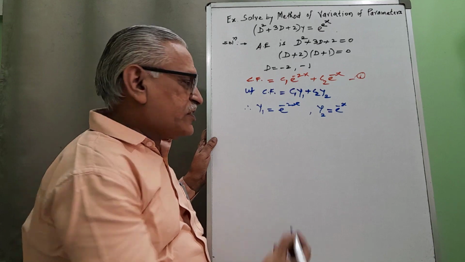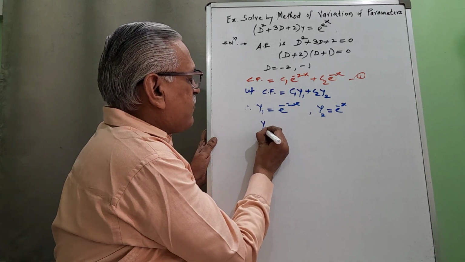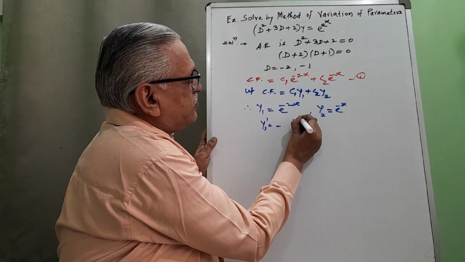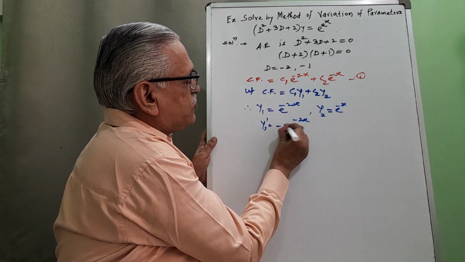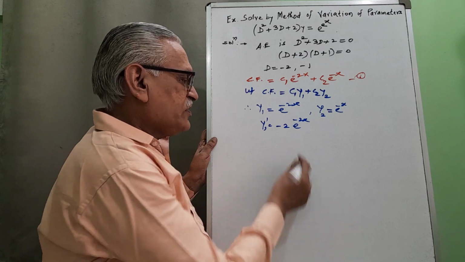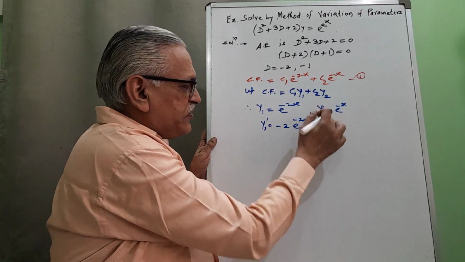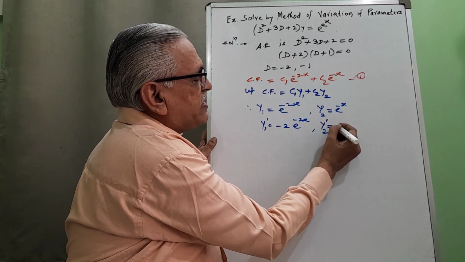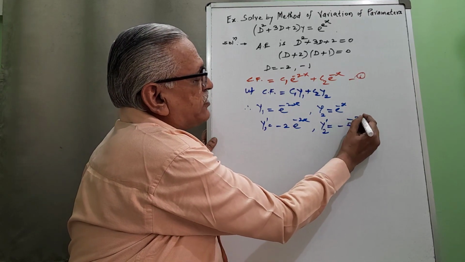Then differentiating this with respect to x, we get y1 dash as minus e raised to minus 2x into 2. Differentiating y2 with respect to x, we get y2 dash as minus e raised to minus x.